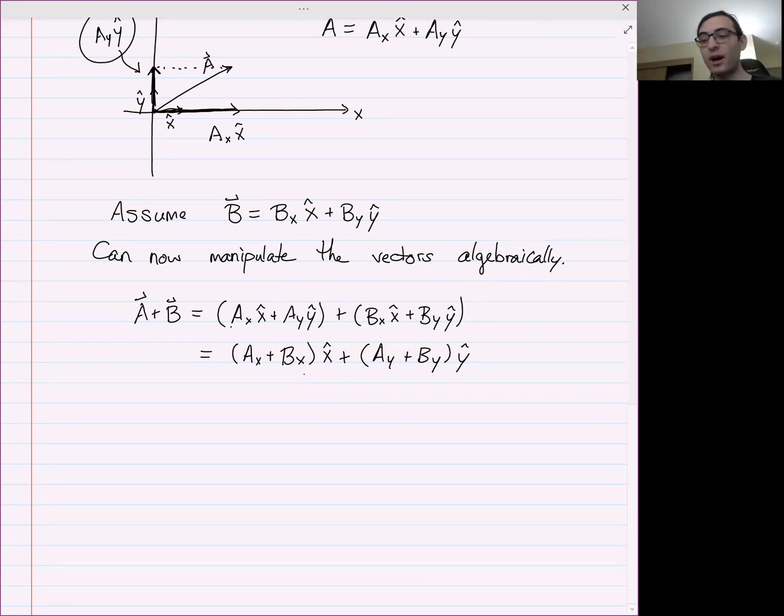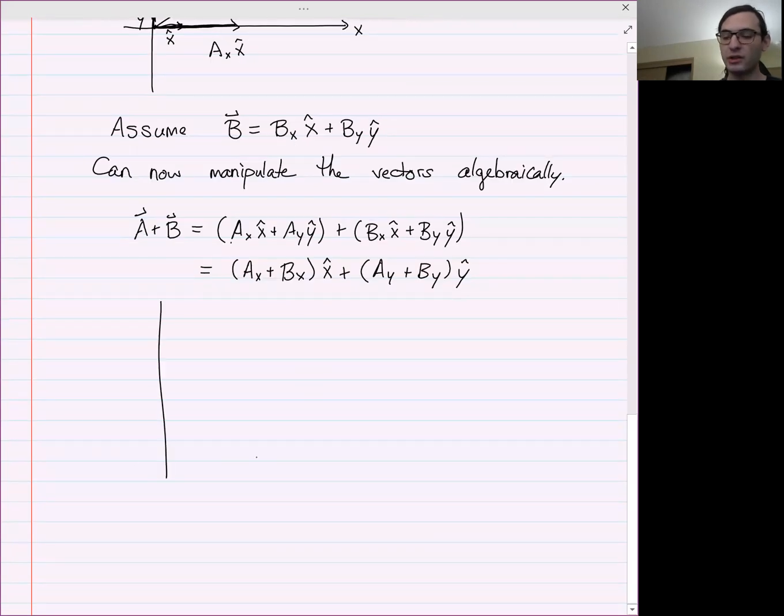So now, if we were to plot this, let's say that A is this vector, and say B is this vector, well, this distance here would have been BX, this distance here would have been BY, this distance would have been AX, this distance would have been AY.